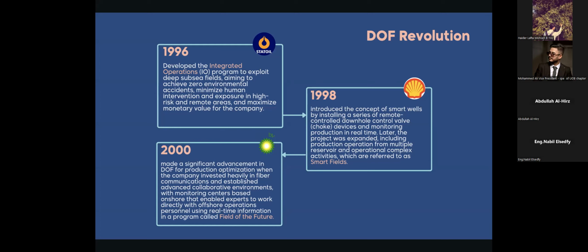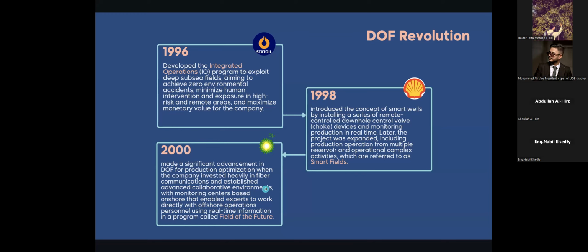In 2000, BP made a significant advancement in DOF for production optimization, when the company invested heavily in fiber communication and established an advanced collaborative environment with monitoring centers onshore. This enabled experts to work directly with offshore operation personnel using real-time information, in a program they called Field of the Future.